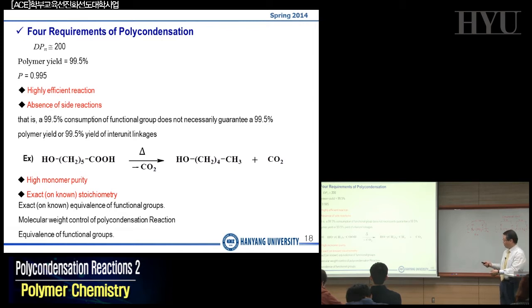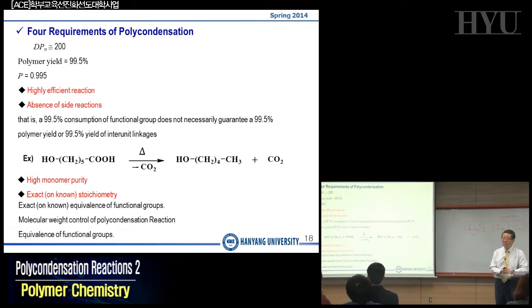In order to achieve this very highly efficient reaction, we should not have any side reaction. If there is any side reaction, then you lose your extent of reaction. Therefore, the molecular weight will not go very high.